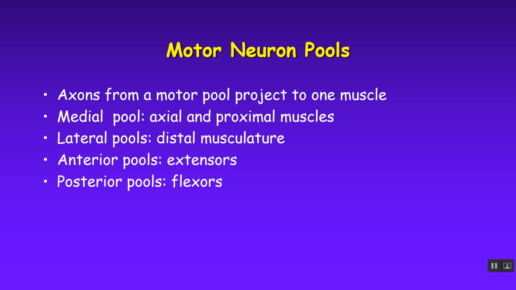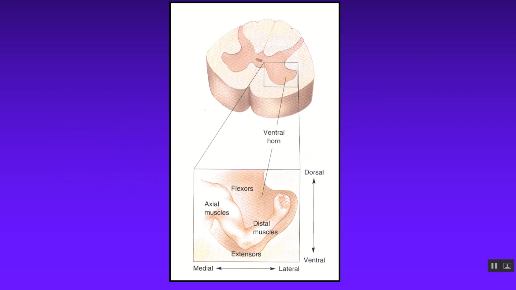If the anterior horn cells and lower motor neurons start in the medial part of your anterior horn, they tend to go to axial and proximal muscles. If they're in the lateral pool, which makes sense, they go to more of the lateral muscles. If they're more towards the anterior pool, they go to extensors, and if they're posterior, they go to more flexors of your body. The picture makes more sense here.